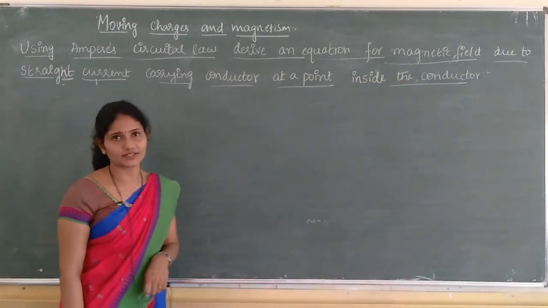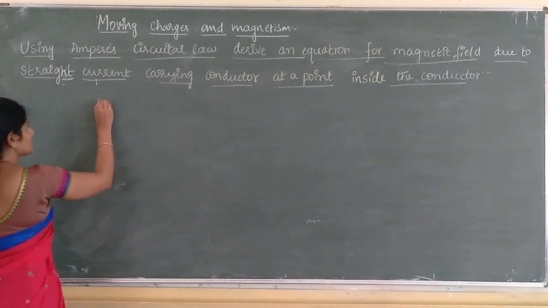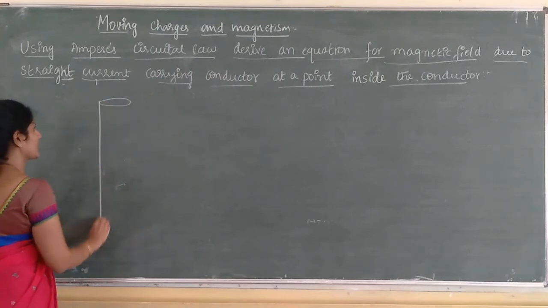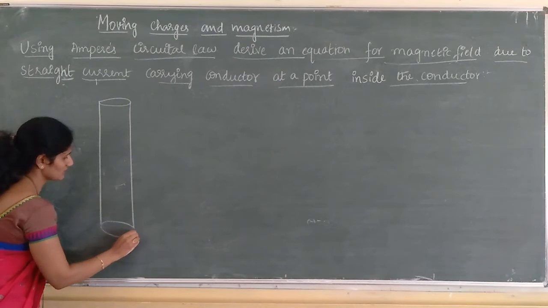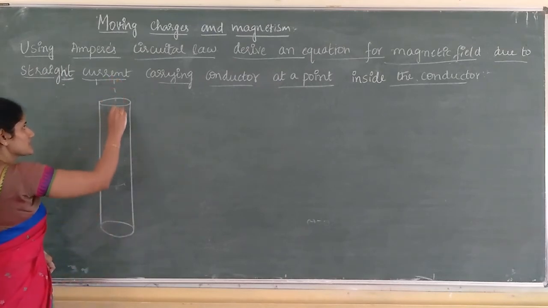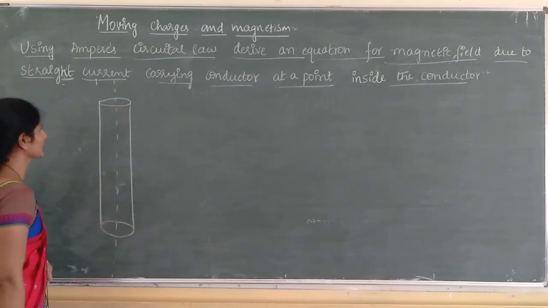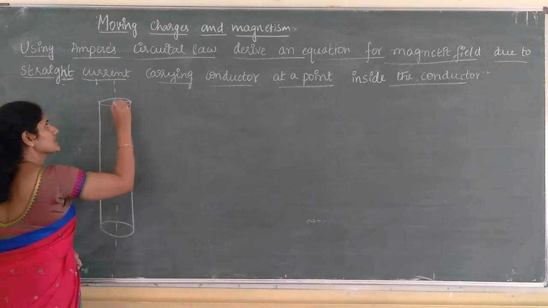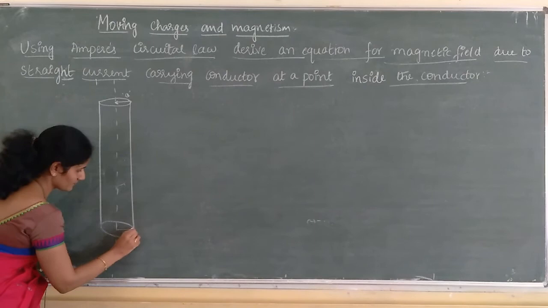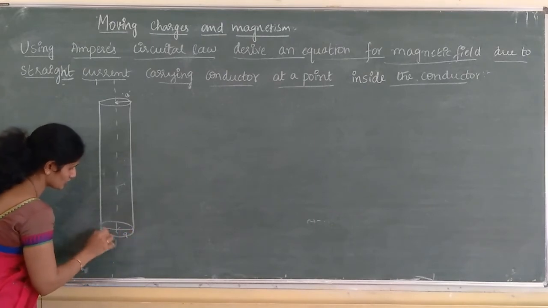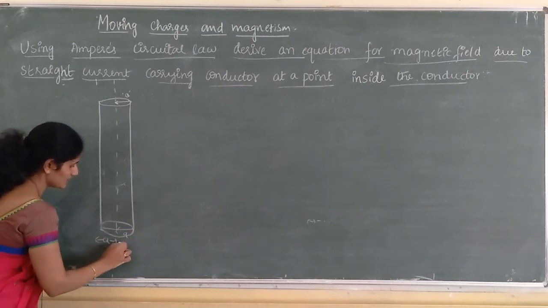Inside the conductor. Again, consider one current carrying wire or conductor. So, this is the conductor. This is the axis of the conductor and this is the radius, and the radius is represented by A. So, this is A, this is also A. A is the radius.